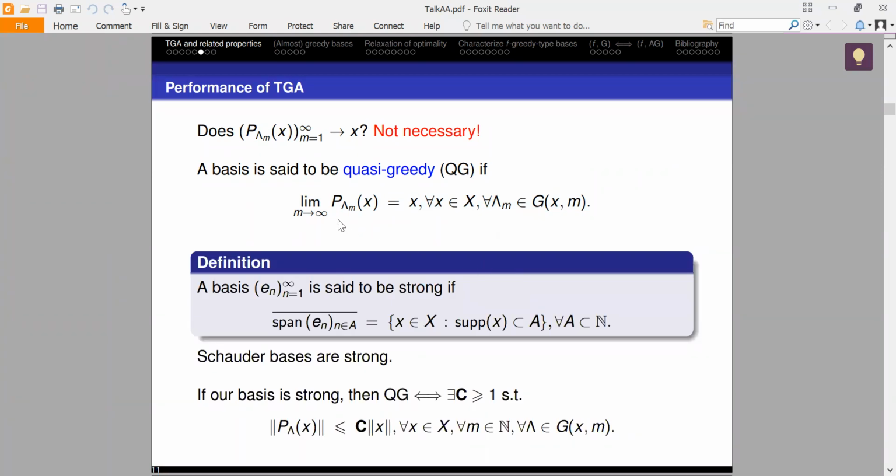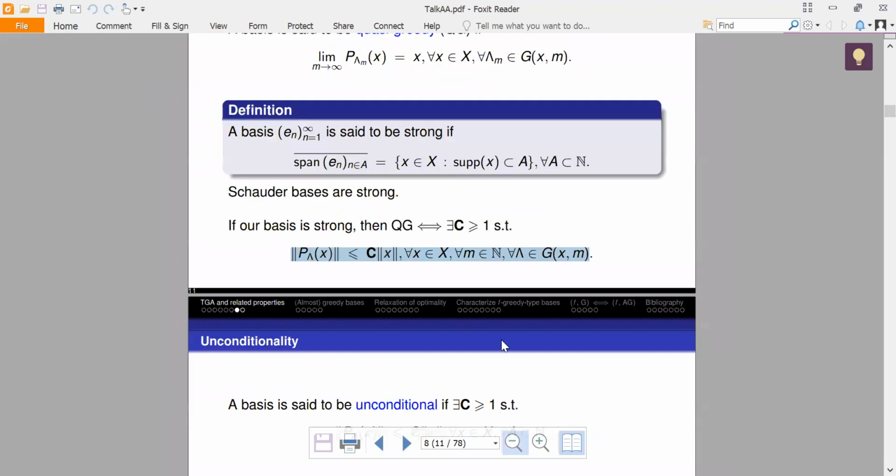When you look at this convergence condition, you might wonder, does this convergence imply boundedness? Because like in the Schauder basis, the convergence actually implies boundedness of the partial sum operator. In this case, we also have the same equivalence here: your projection onto the greedy sum is bounded by x. But you have to assume that the basis is Schur. So what is a Schur basis?